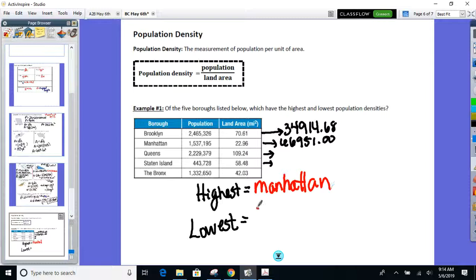Big area, but not too many people over in the island, huh? We okay on finding the population density? Population divided by the area of the land.